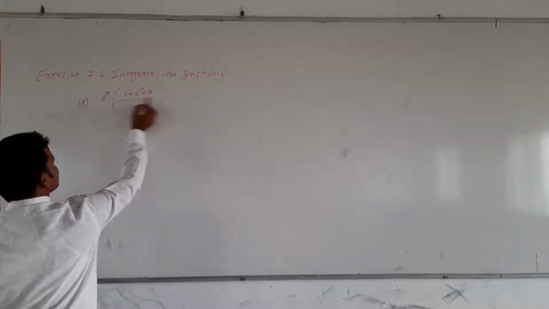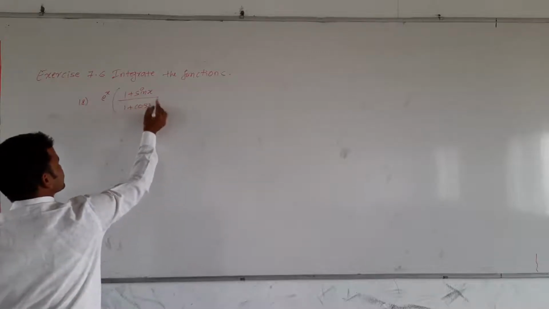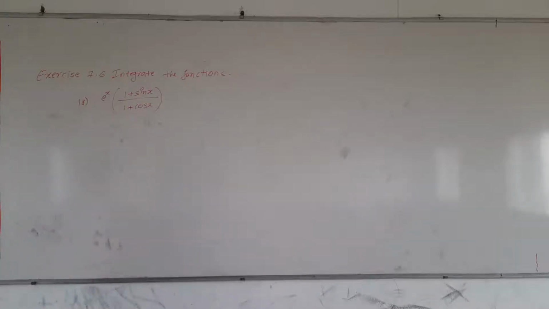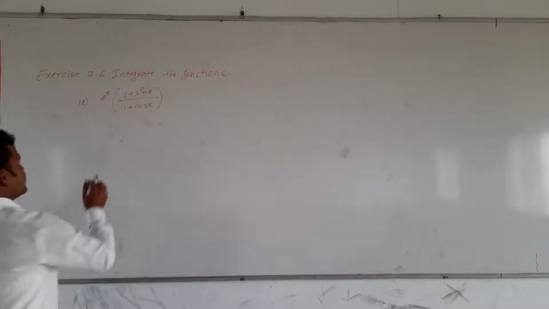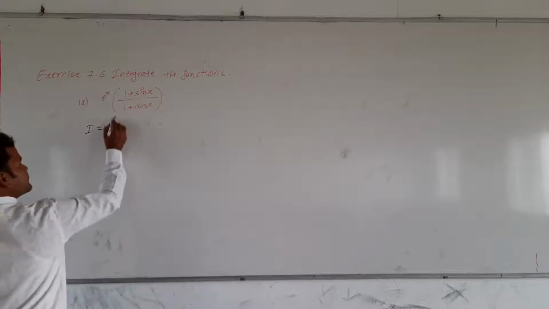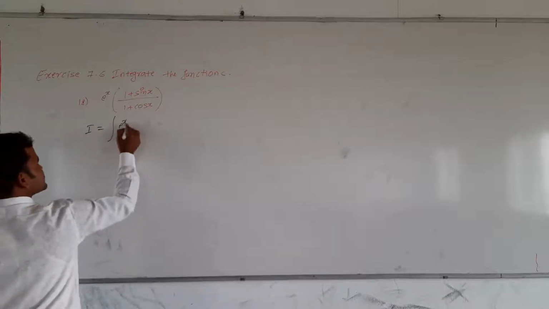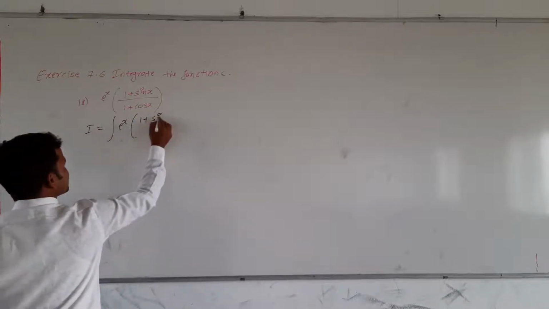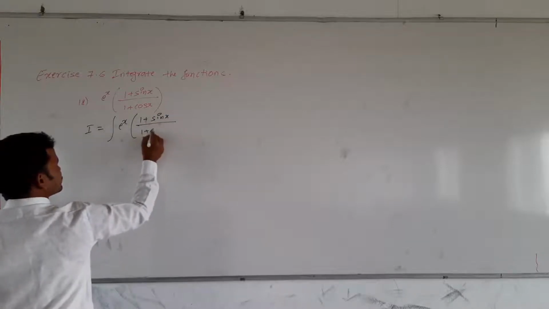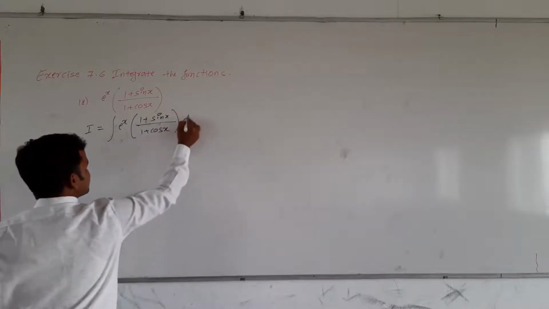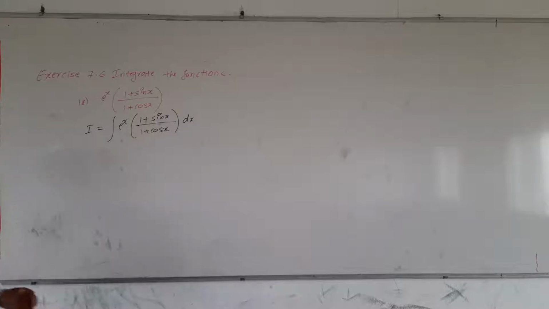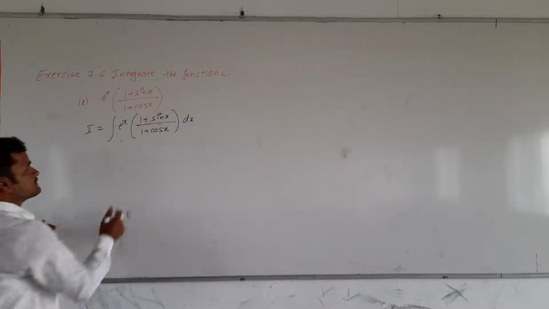Okay. I is equal to integration of e raised to x into (1 plus sin x) by (1 plus cos x), integrating with respect to x. Again, this is also a very simple one.